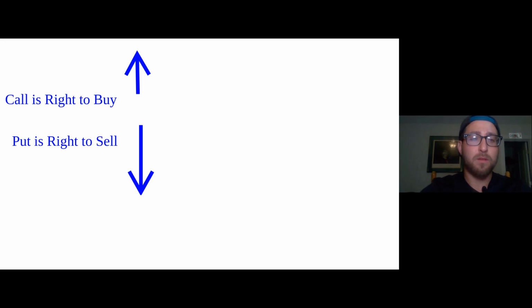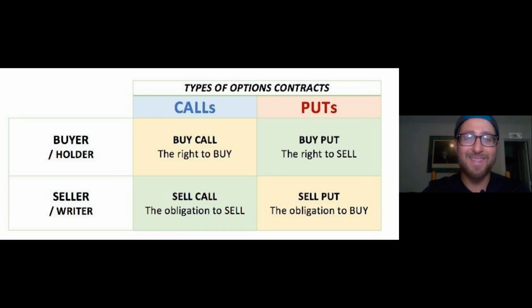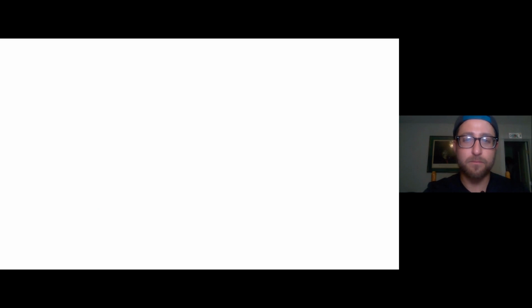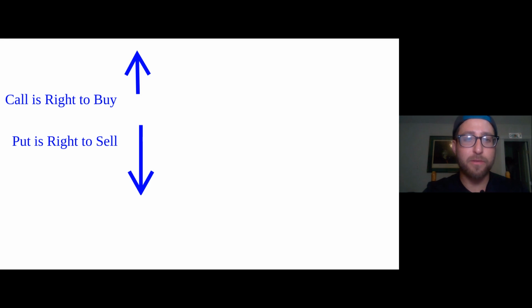So if we sell a call, obligation to, let's see, make sure I get this right. Sell a call, obligation to sell. So it's the opposite of buy. That's what I want us to learn here, to think about it intuitively. Call is right to buy.